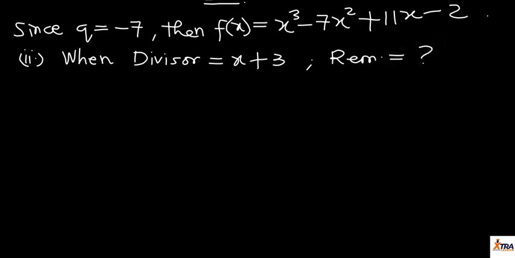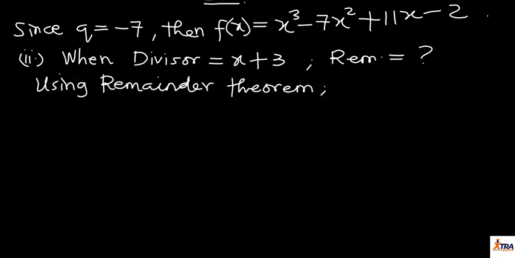In this case, you are given the divisor. We already have the full polynomial, and we are asked to find the remainder. So using the remainder theorem, I know that x plus 3 equals 0, so x will be equal to minus 3.